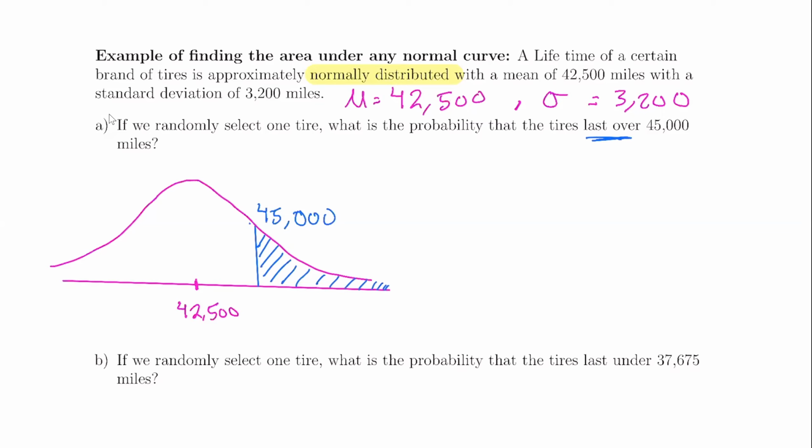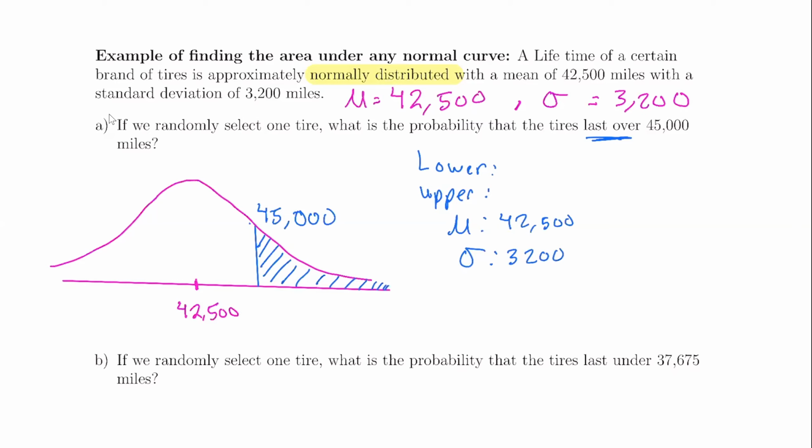All right. Just to make this easy once we go to the calculator, we're going to set up the lower, the upper, mu, and sigma. Mu should be 42,500. Sigma should be 3,200.